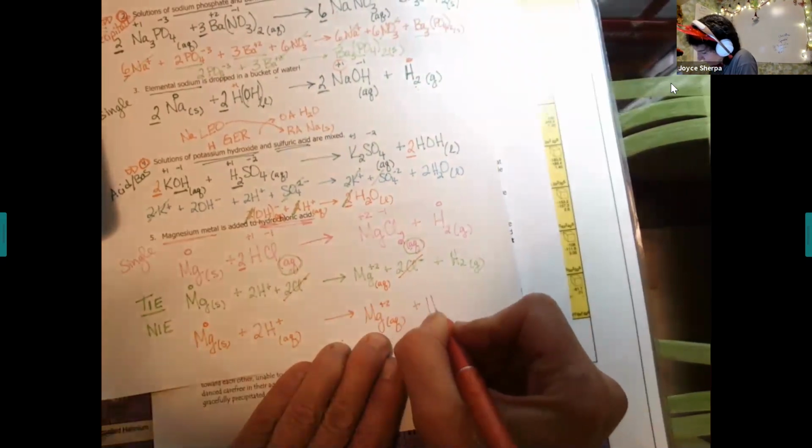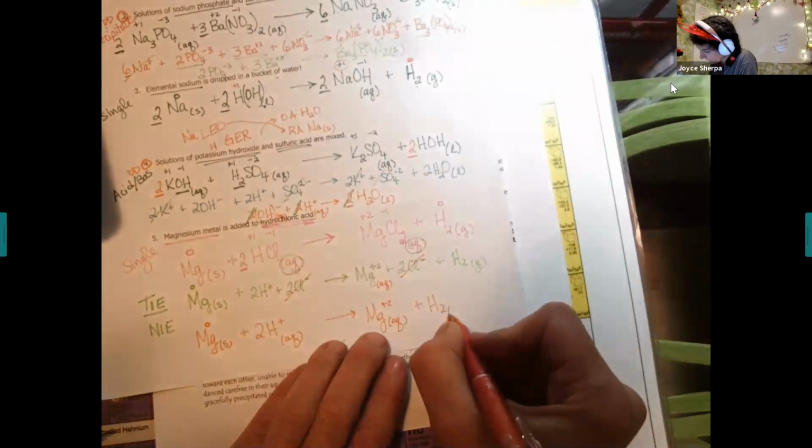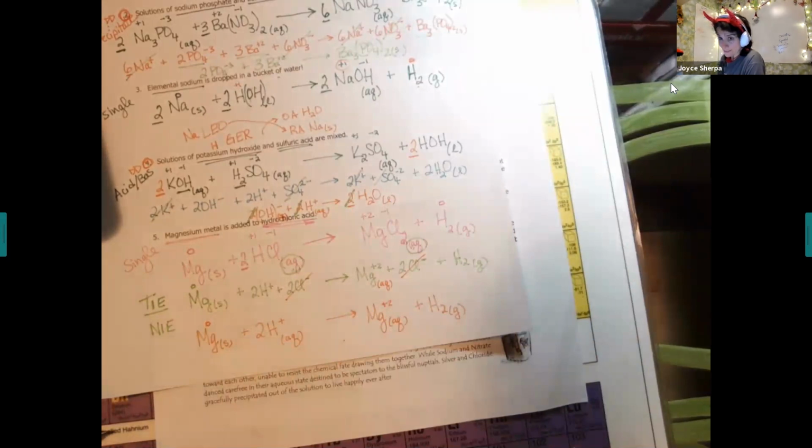I didn't give much room on some of the other ones, so it's a mental note to myself. You can always do it on a piece of notebook paper instead of on the page, or you just write smaller than I am. All right, it is balanced, the two hydrogens. That is our net. We have one more step. Questions before our last step?